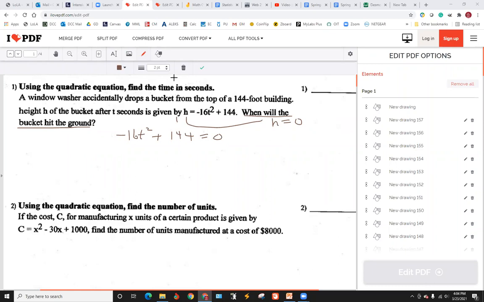So what's the GCF? You could go ahead and factor this any way you wanted to, and it will probably work, but it'll make your life a lot easier if you take out that GCF. And I would also take out that negative sign as part of it.